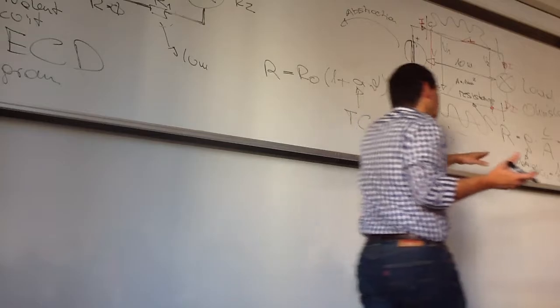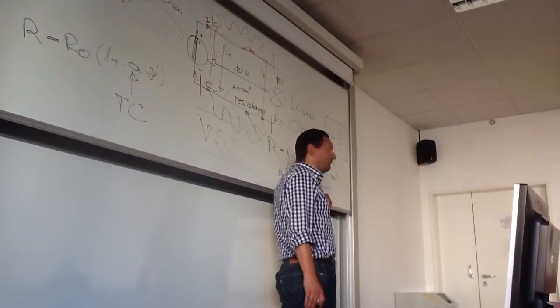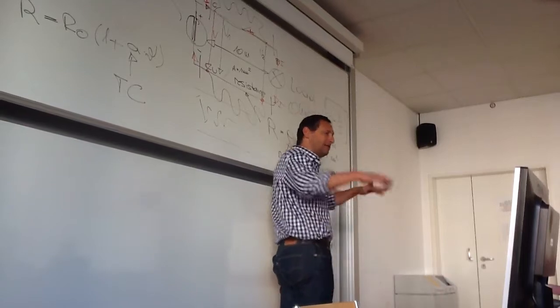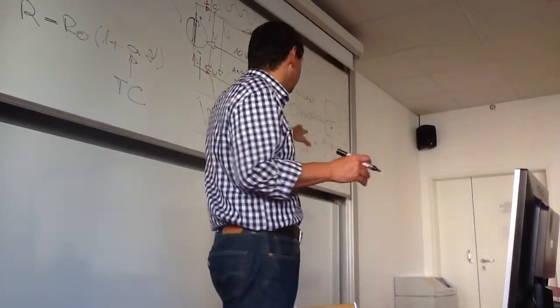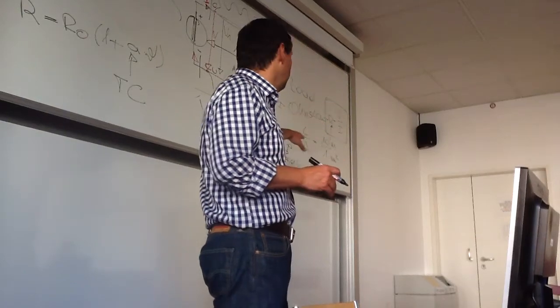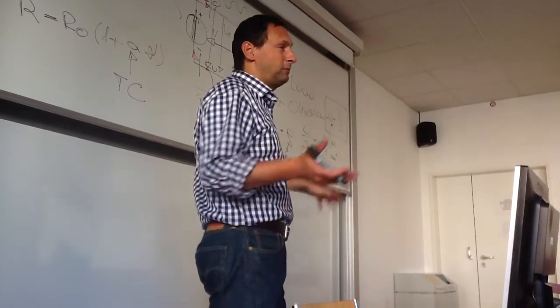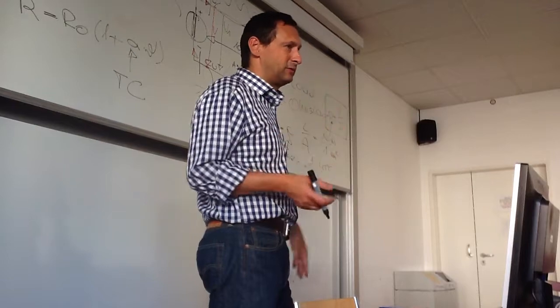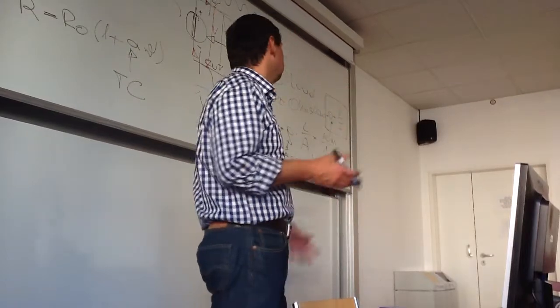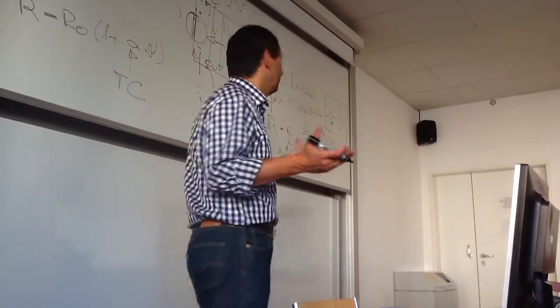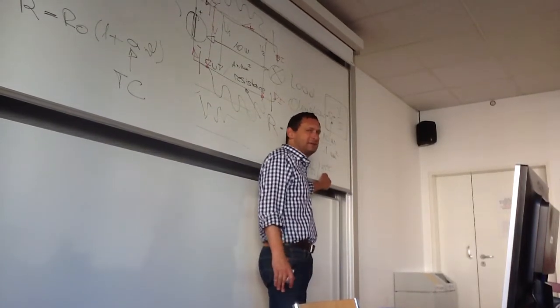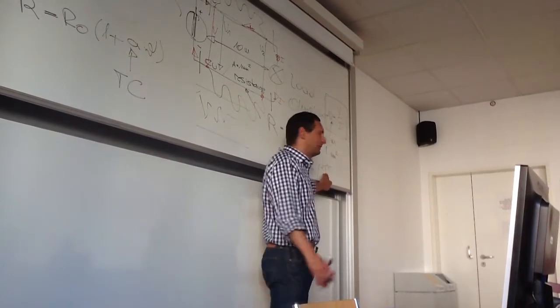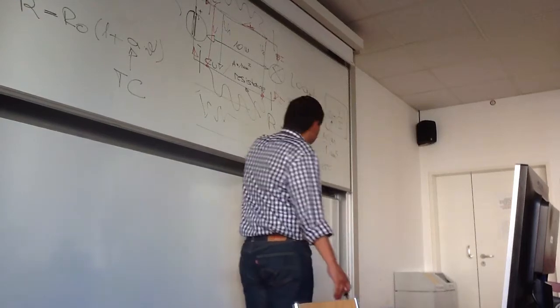But since this value is normally given for 25 degrees Celsius, and we normally have 25 degrees Celsius around us, it's fine to stick with that number. But if you operate your circuit at 120 degrees Celsius, you have to change that. But if you operate it at 10 degrees or 40 degrees, then you don't have to care about that, because the number is that small.